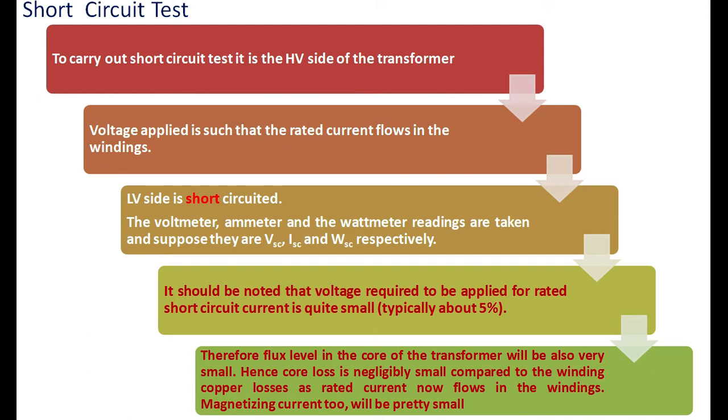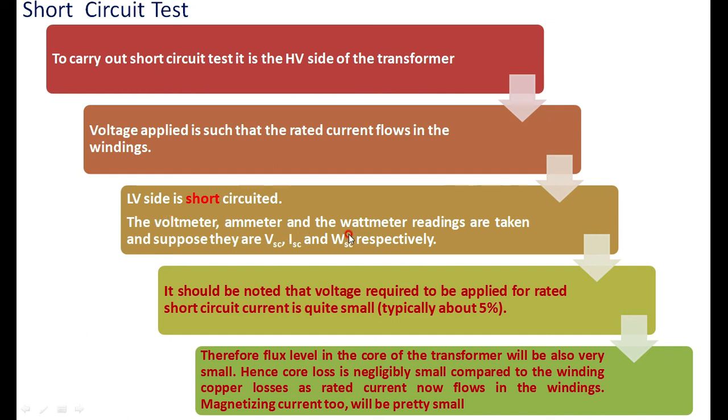In the SC test, the secondary of the transformer is short circuited. The voltage applied is such that the rated current flows in the windings. The LV side is short circuited. In the case of the OC test, the HV side is open circuited.